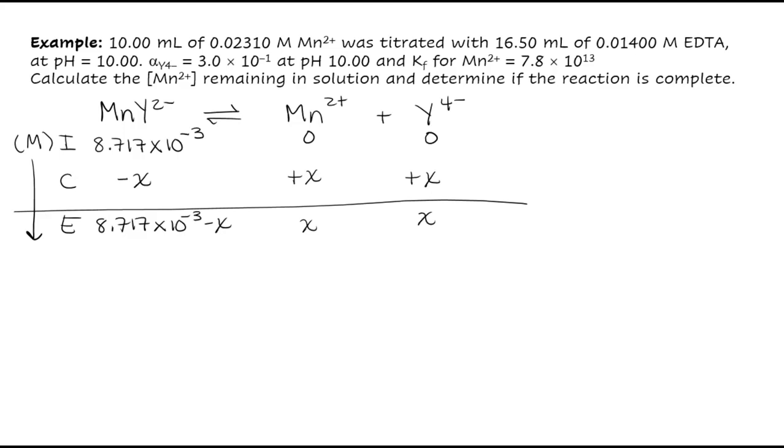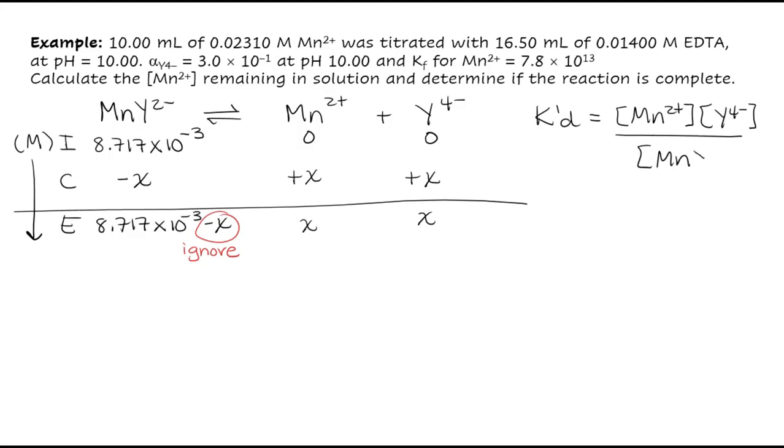So like we do for a lot of MICE tables, we're going to ignore this change in X initially, and then we're going to go back and check. Let's write out our mass action expression for this dissociation. K'D equals manganese, Mn2 plus, times Y4 minus, divided by the complex MnY2 minus.